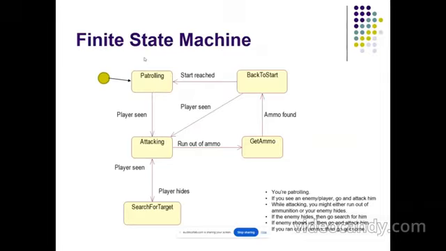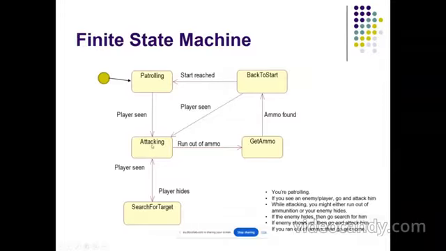The game agent can be either patrolling, or if he sees the player, he can start attacking the player. However, the agent has limited resources in terms of ammunition. If he runs out of ammunition, he will stop attacking, move to searching for ammunition, and so on.